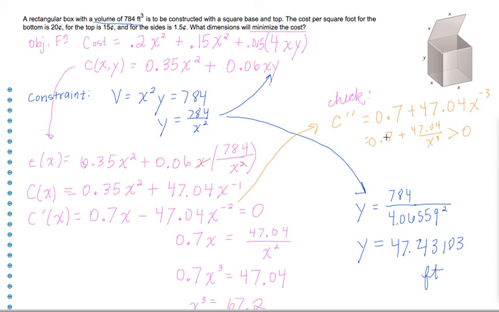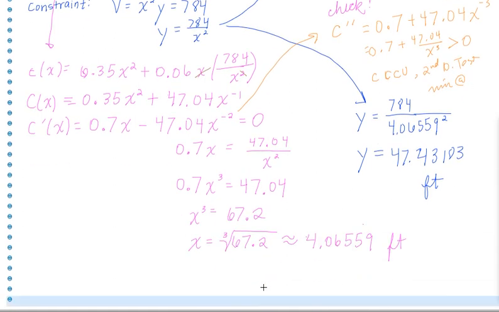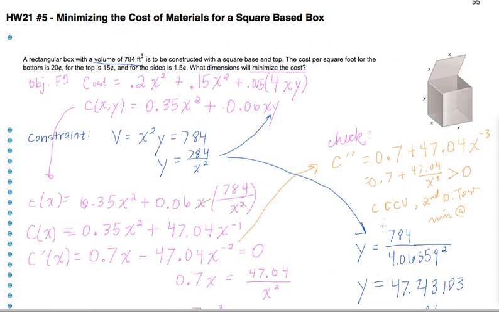So that means C is concave up, which means by the second derivative test, we do in fact have a min at these values when x is 4.06. Okay, let me know if you have any more questions on that problem.